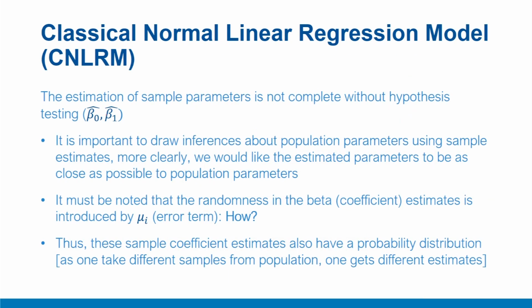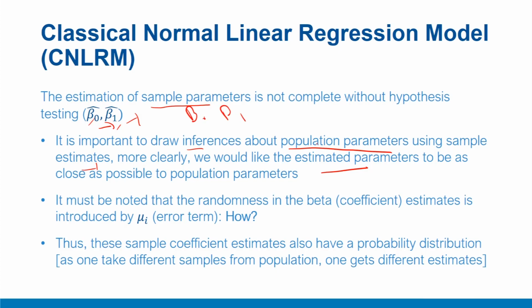Now with this introduction of normal distribution, we can apply the hypothesis testing concept on our parameter estimates beta naught hat and beta 1 hat, because hypothesis testing and inferential statistics are required for sample parameters. We need to draw inferences about population parameters using these sample estimates. To be more precise, we would like the estimated parameters, beta naught hat and beta 1 hat, to be as close as possible to the population parameters, beta naught and beta 1.